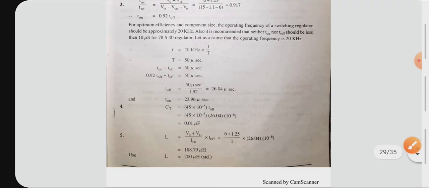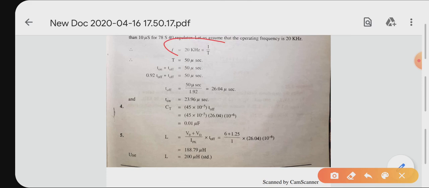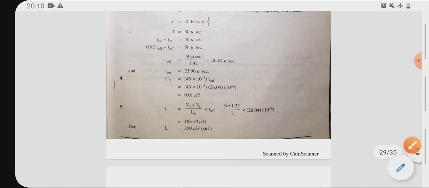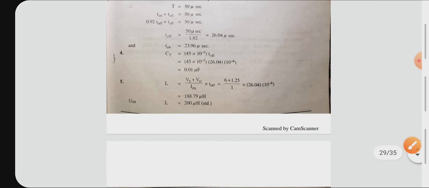F is given as 20 kilohertz, so F is equal to 1 by T, accordingly you will get the value of T on as 23.96 microseconds.